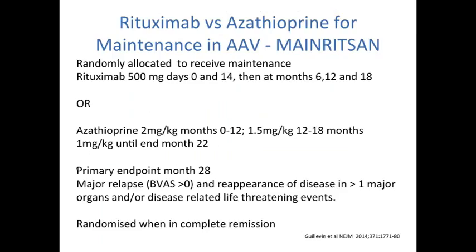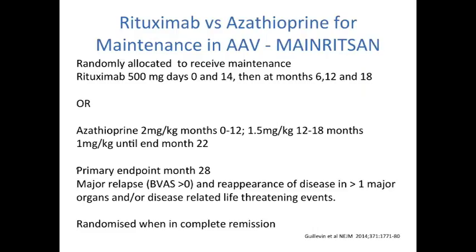So MAINRITSAN, which is Loic Guillevin's study, was published 2 years ago in the New England Journal of Medicine, and he compared rituximab versus azathioprine for maintenance. He allocated patients to receive either rituximab 500 milligrams at days 0 and 14, and then at 6, 12, and 18 months, or they received azathioprine 2 milligrams per kilogram for a year, and then a reducing dose regime, and treatment stopped at 22 months.